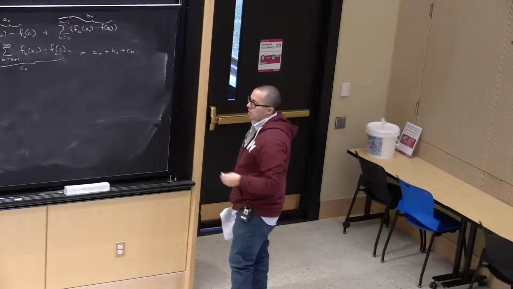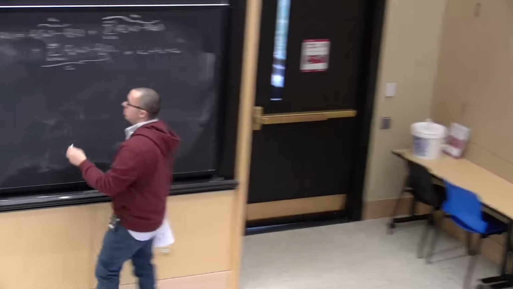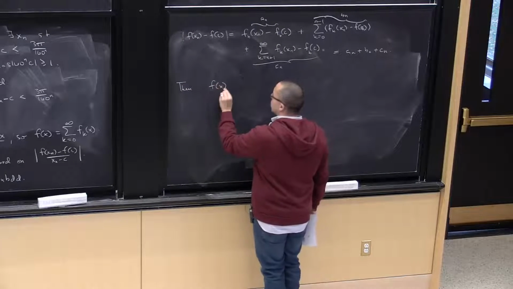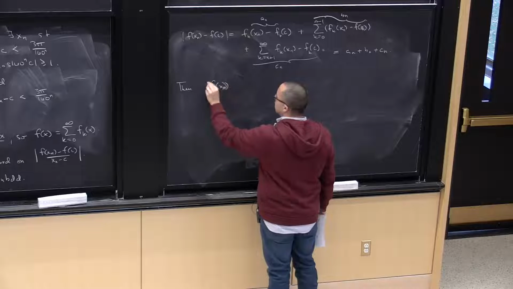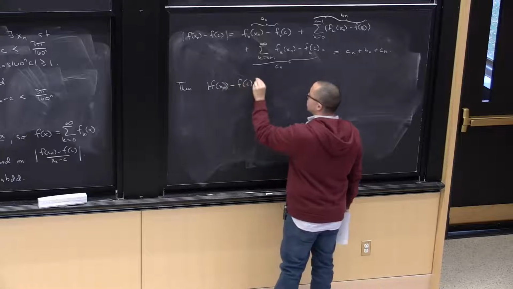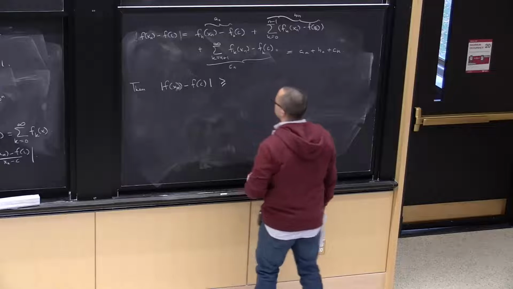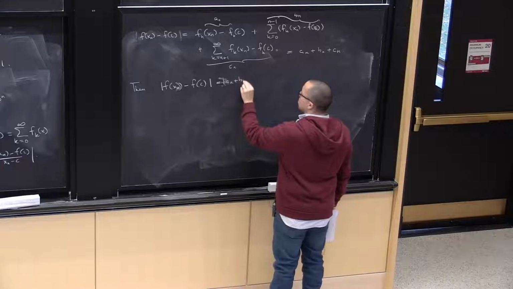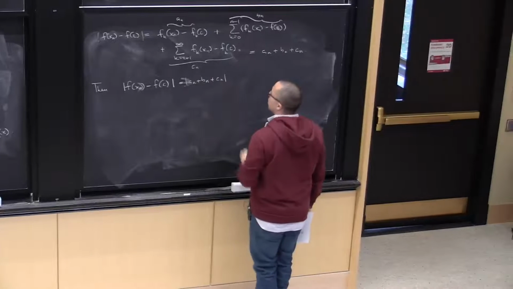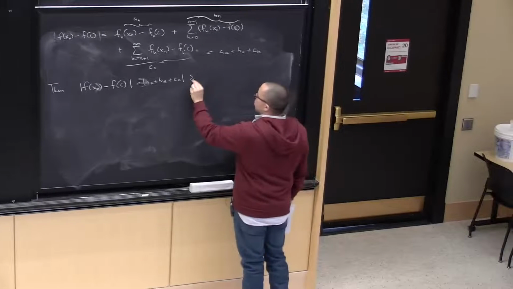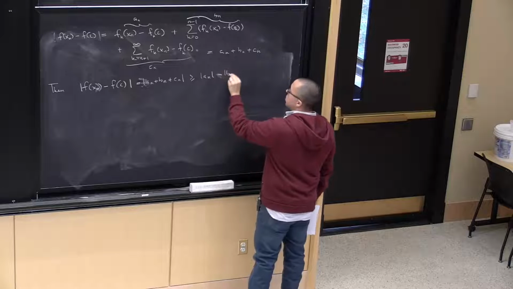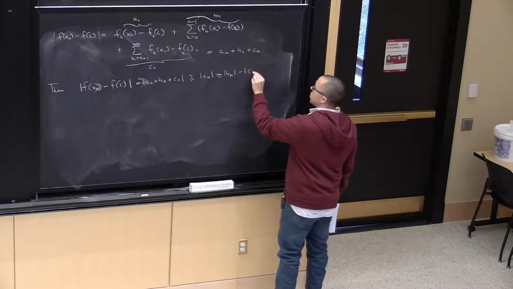And now I'm going to use that triangle inequality I proved. Then f of x sub n minus f of c, which is equal to a sub n plus b sub n plus c sub n, is bigger than or equal to a sub n minus b sub n minus c sub n.